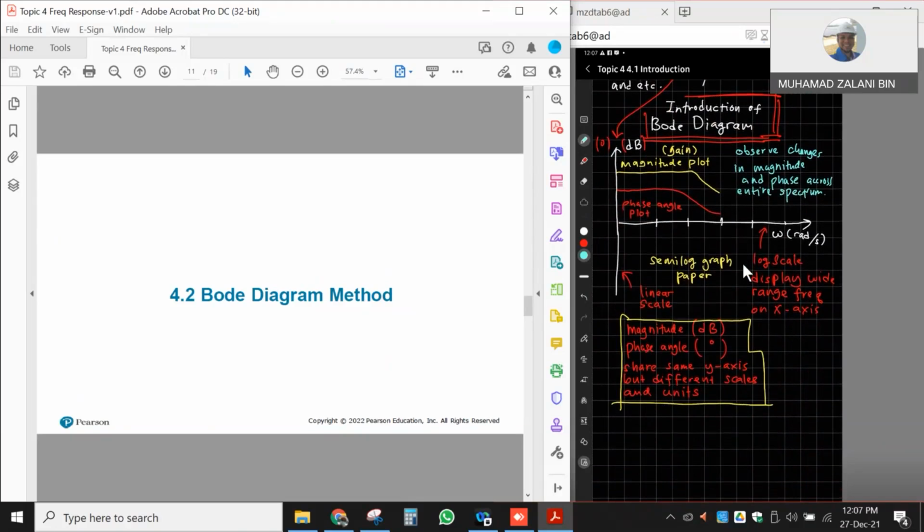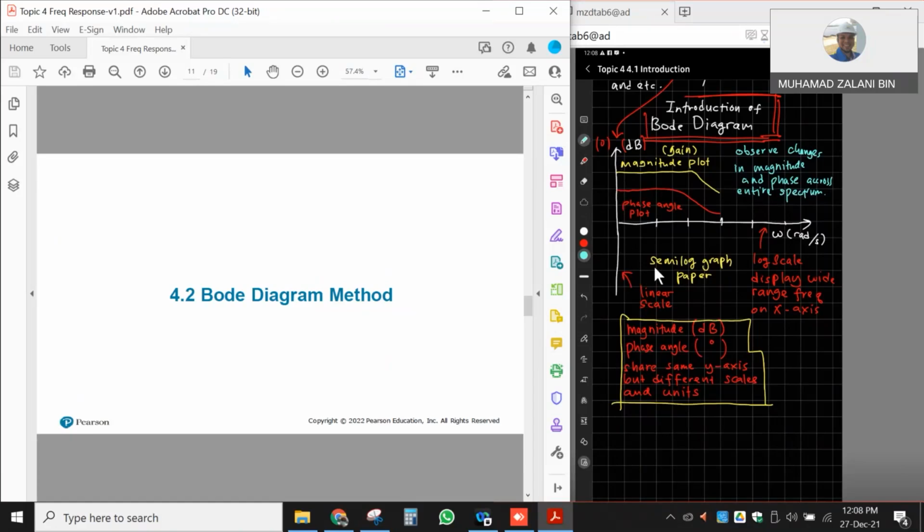All right. So this is the basic of the Bode plot, the basic of the Bode diagram. You will see that there is a frequency axis here. The horizontal axis represents omega, which is the frequency, in logarithmic scale. The log scale displays a wide range of frequency on the horizontal axis, and the vertical axis is not log but a linear scale.